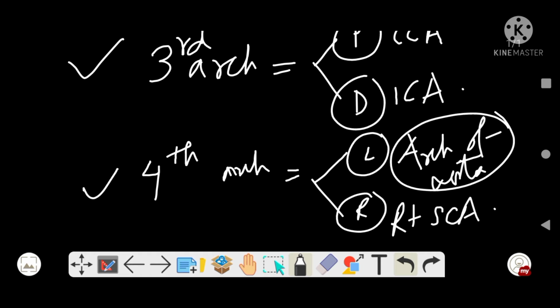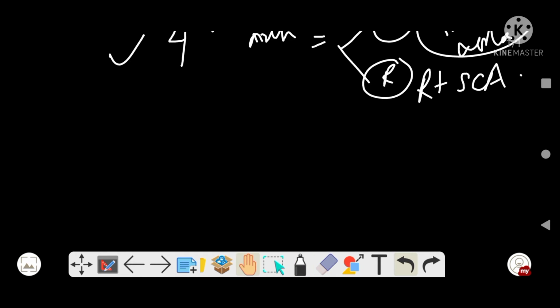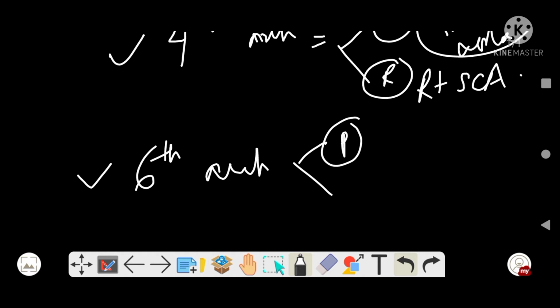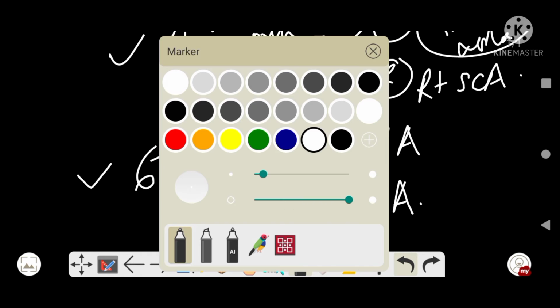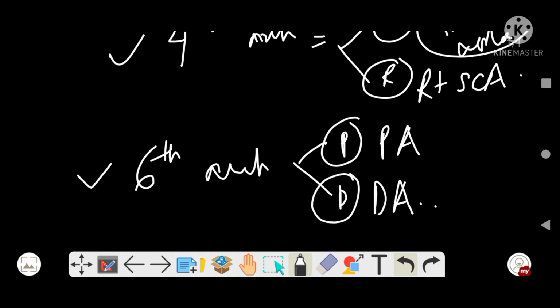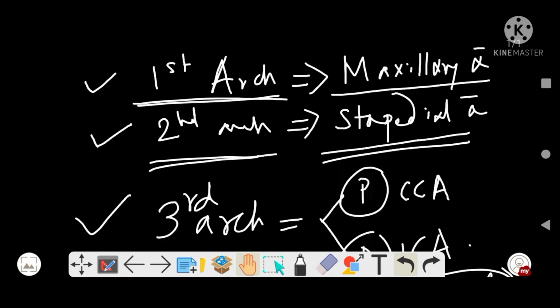Correct? Then we came to the sixth arch. Sixth arch, your proximal and distal. From proximal pulmonary artery, and from distal ductus arteriosus.